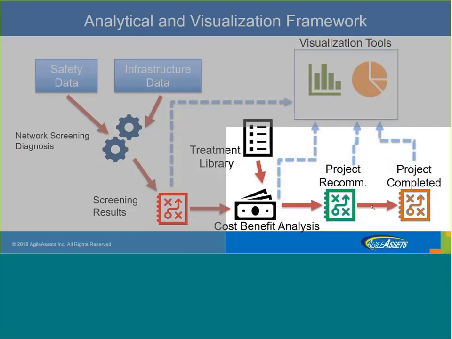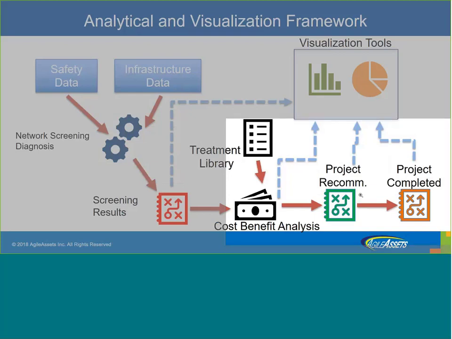From the cost benefit analysis, we go to the next phases. We have two different phases, and there can be more phases within that boundary. We have the project recommendation phase, and we have the project completion phase. Any project that is recommended by the safety engineers becomes part of one bucket. So these recommended projects can also be analyzed.